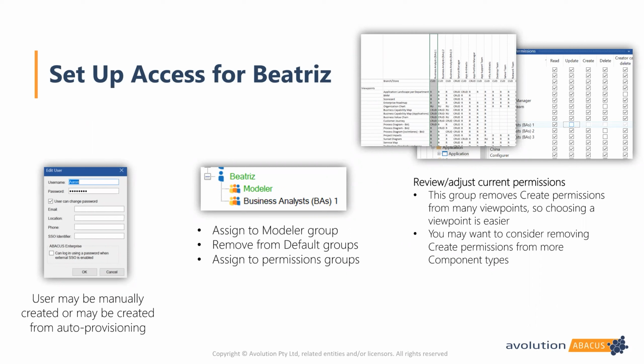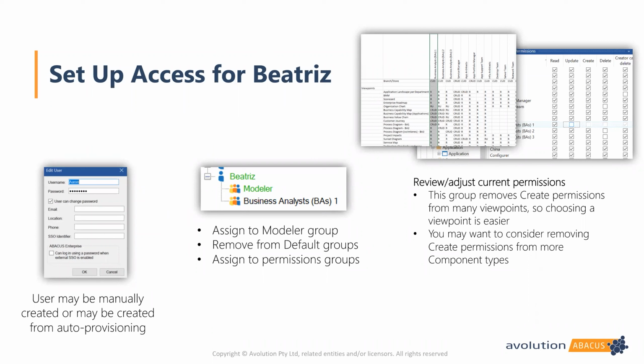And we can actually see in these last images at the top right a portion of the exported permissions report, where we're able to go through and see what permissions are already assigned to this business analyst group. In this particular screenshot, we can see that most viewpoints are read-only.